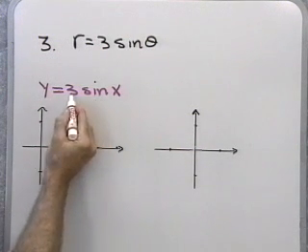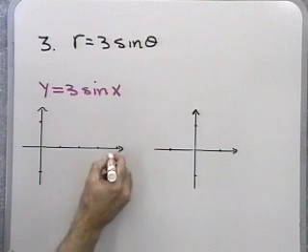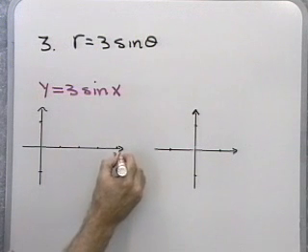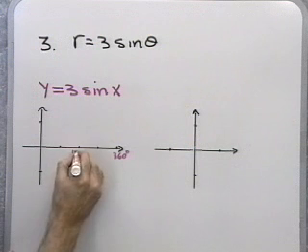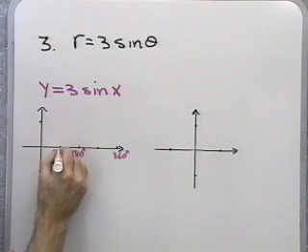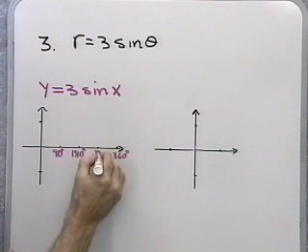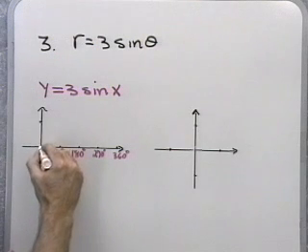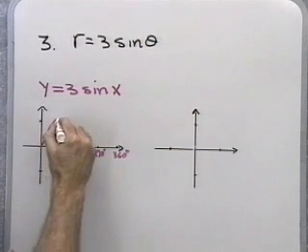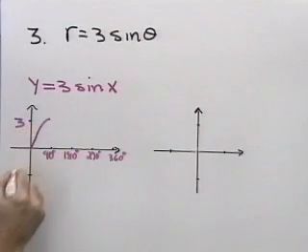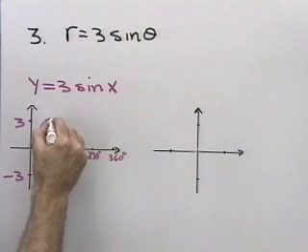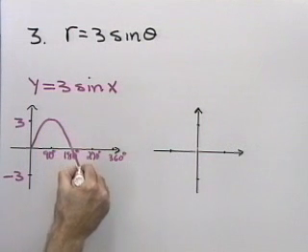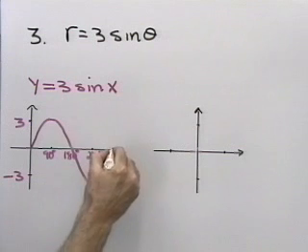It'll be a sine curve with an amplitude of 3. So let's see, if this is 360 degrees, 180 degrees, 90 degrees, and 270 degrees, the graph of this equation would look like this. It would go up to 3, then back down to 0, then down to negative 3, and back up to 0.